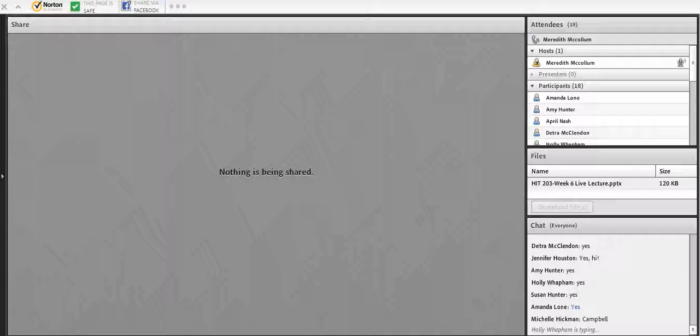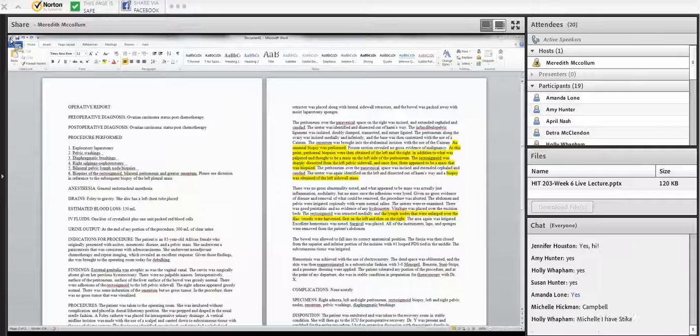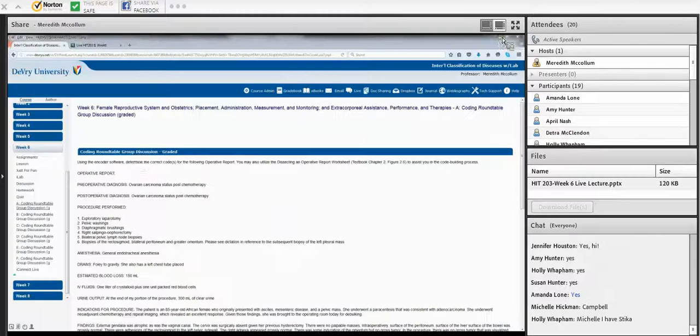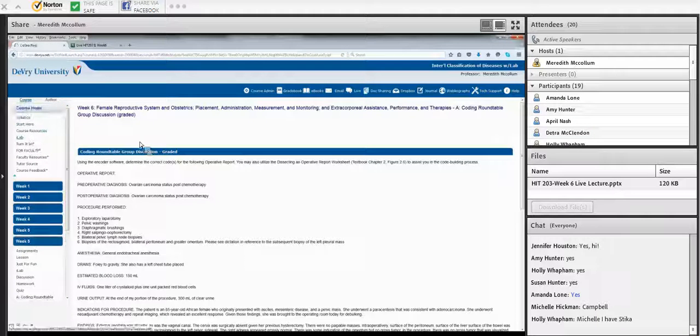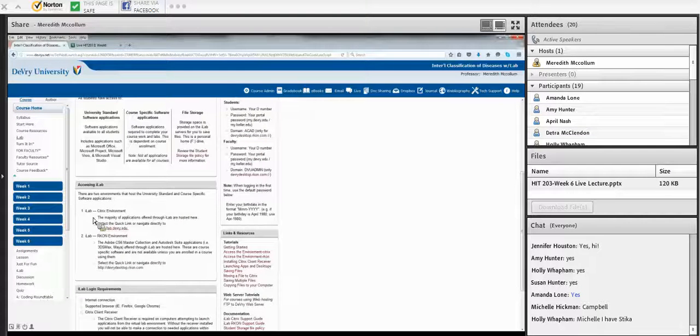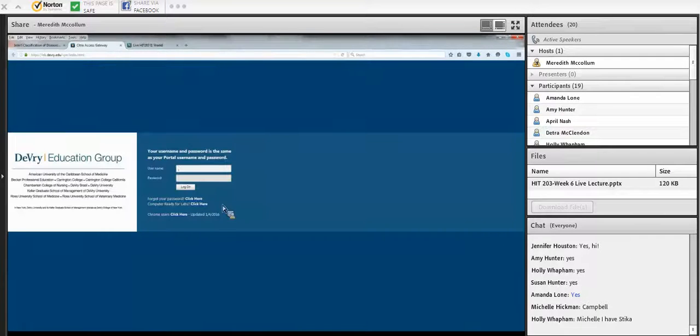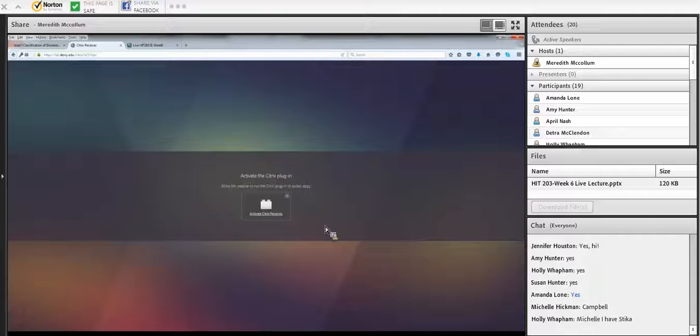So let me first share my screen, but I'm going to pull up 3M now. Give me one second. Sorry, it can be slow. Well, I have the Citrix server.